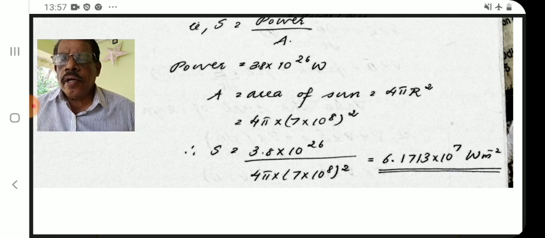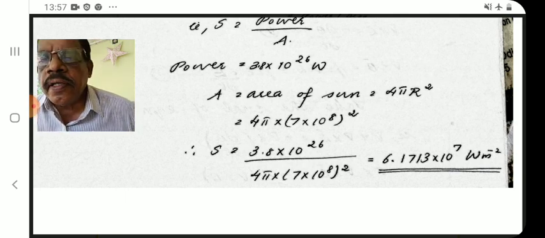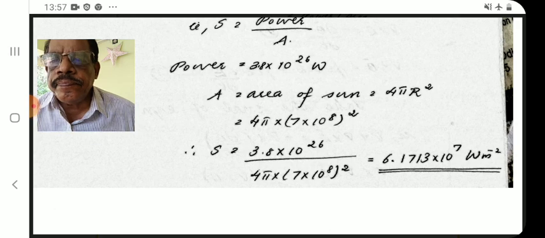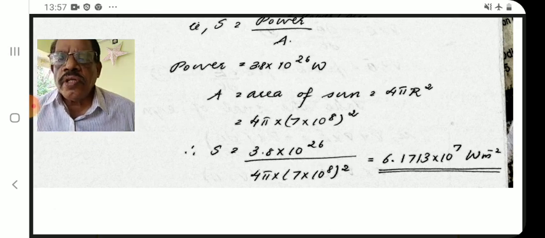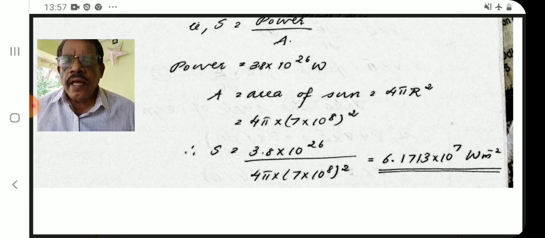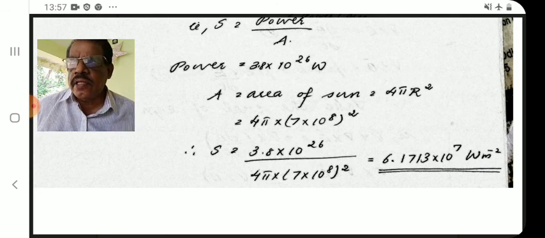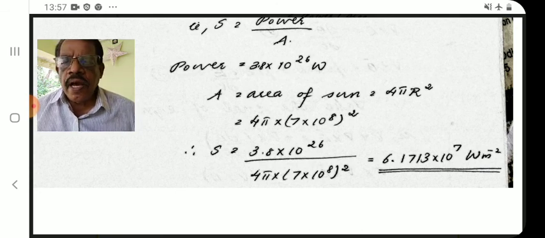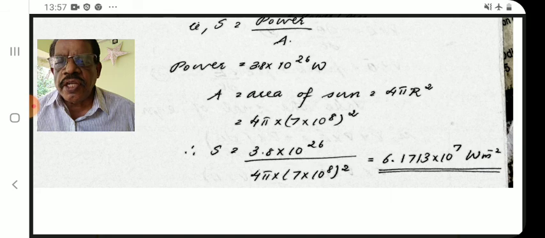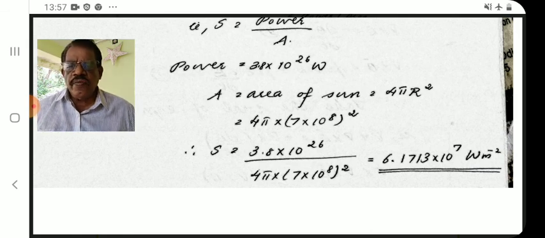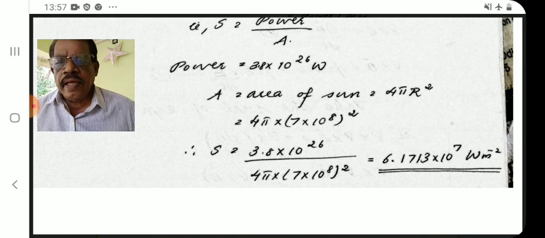Power is given as 3.8 into 10 raised to 26 watt. Area of the sun's surface is 4 pi r square, 4 pi into 7 into 10 raised to 8 square. Therefore, S is equal to power by area, 3.8 into 10 raised to 26 by 4 pi into 7 into 10 raised to 8 square.